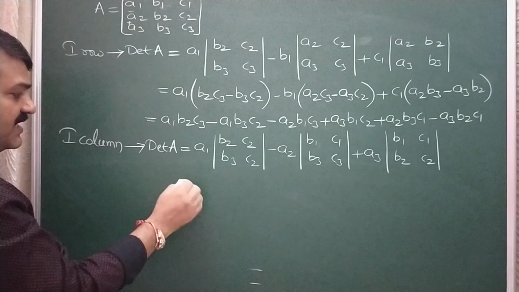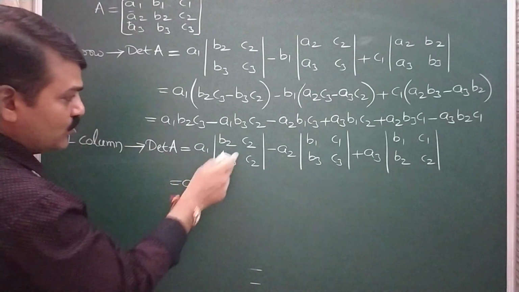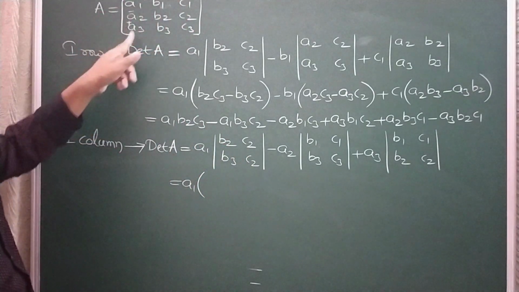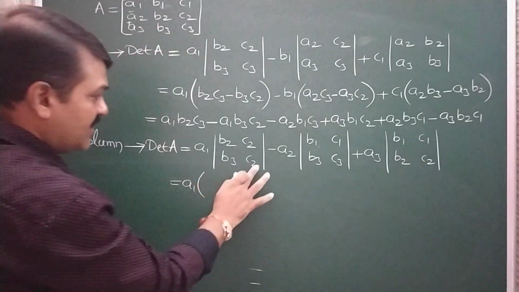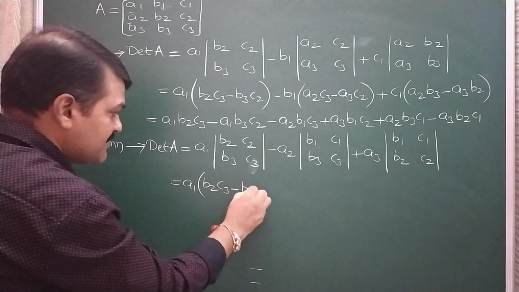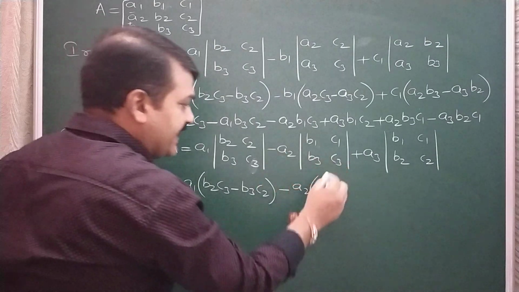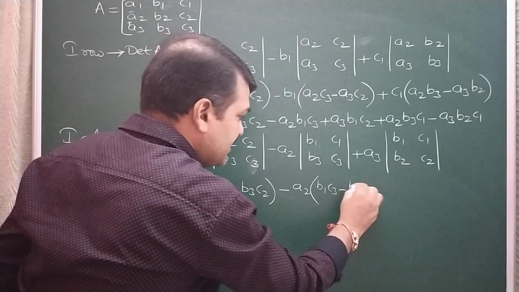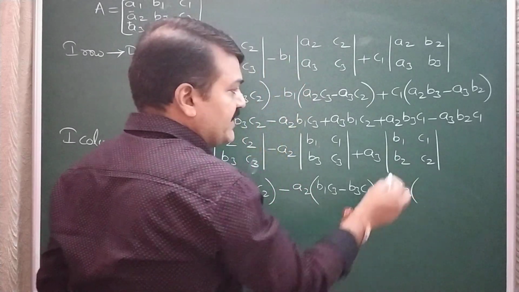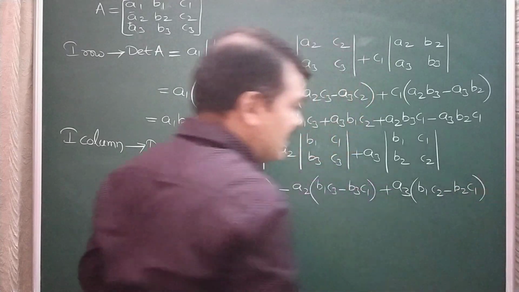Now let us simplify. This is A1 into the determinant. I wrote C2 only there, let me check: A1 into, removing this row and this column, B2, C2, B3, C3. So B2 C3 minus B3 C2, minus A2 into the determinant B1 C3 minus B3 C1, plus A3 into the determinant B1 C2 minus B2 C1.